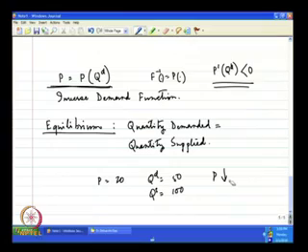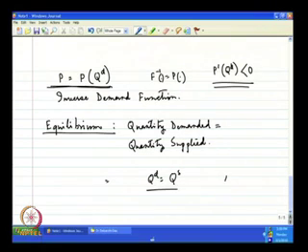So, the moral of the story is that if and only if QD is equal to QS, we are going to have a state of rest, prices will not move, and that is known in economics as an equilibrium situation.